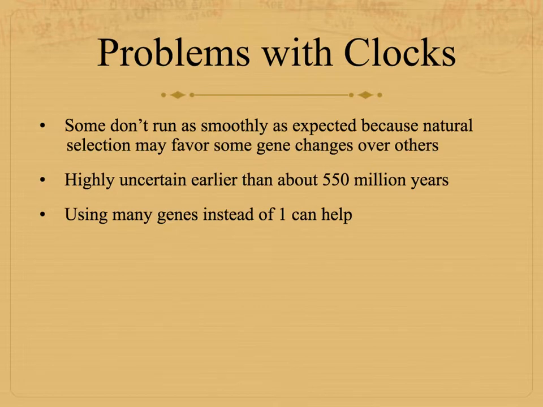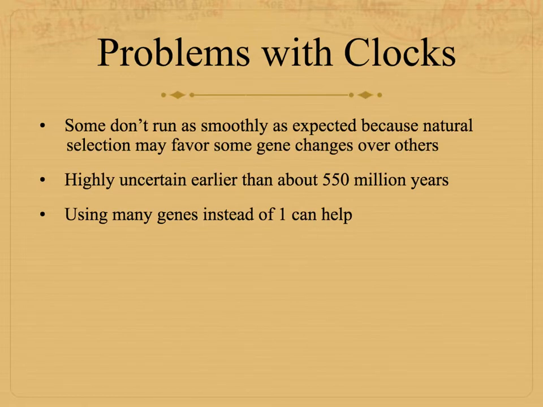So there are some problems with using the molecular clock and molecular clock assumptions, and that is that they don't run as smoothly as expected because we have natural selection, which favors some genes over others because of the particular environment at that particular time. They're not really certain after about 550 million years ago, so we can only use it for, relatively speaking, recent times.